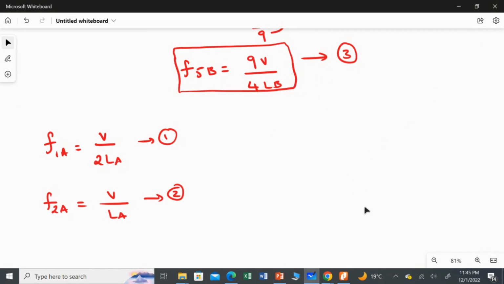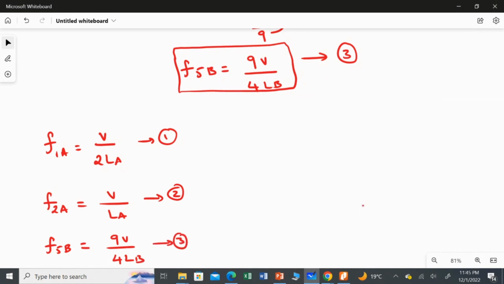And our third equation is this one. F of 5B, which is equal to 9V over 4 LB. Okay, now it's very easy for us.